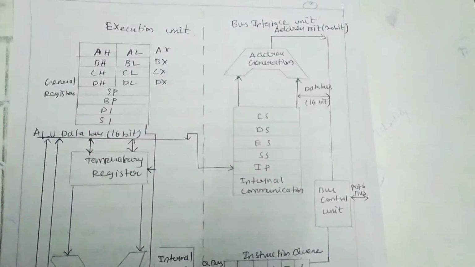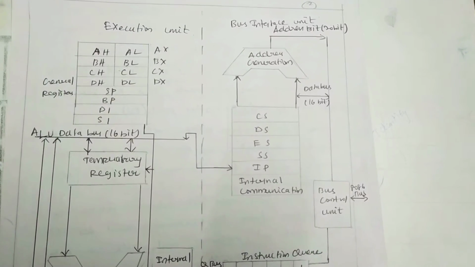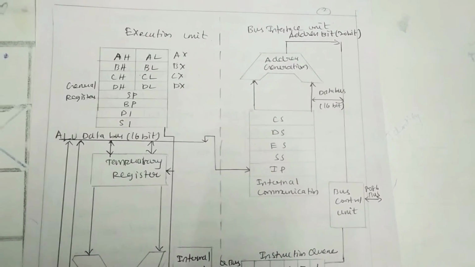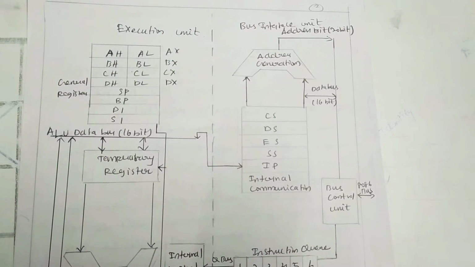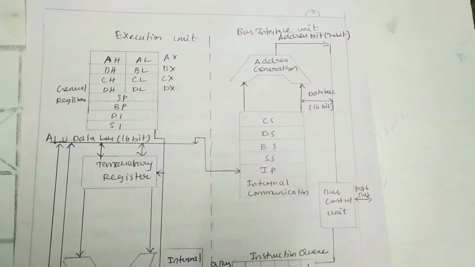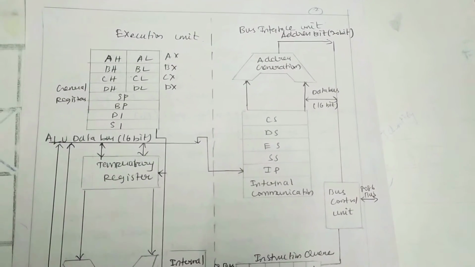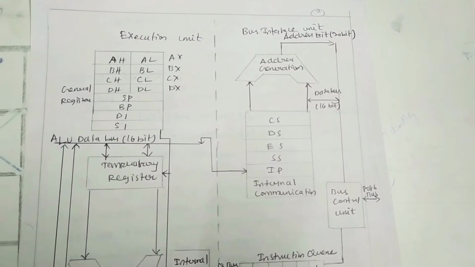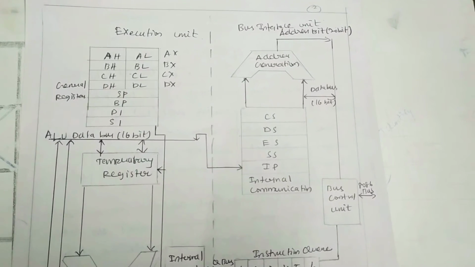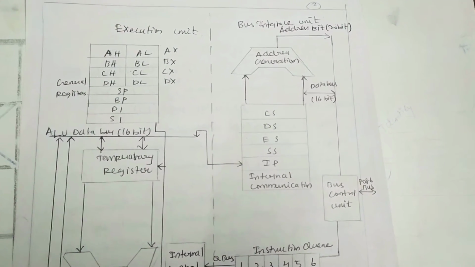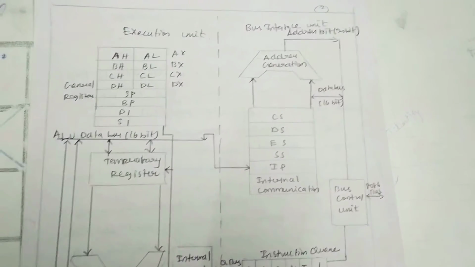Then the address will be generated using the segment registers. CS is the code segment, DS is the data segment, ES is the extra segment, and SS is the stack segment. And there is the IP, the instruction pointer, which tells the flow of instructions each and every time.